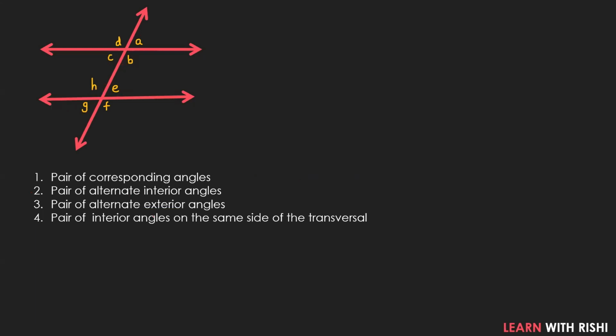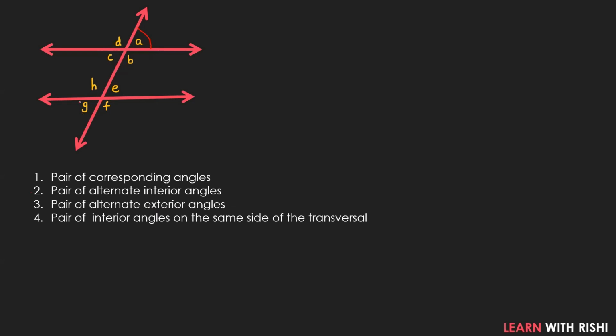Now we'll consider the exterior angles. Exterior means outside. So here I can say angle D, angle A, angle F, and angle G. These 4 angles are outside. Considering first angle A, I need to see the opposite angle.